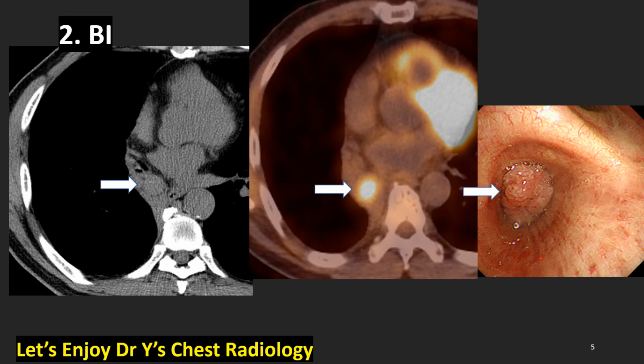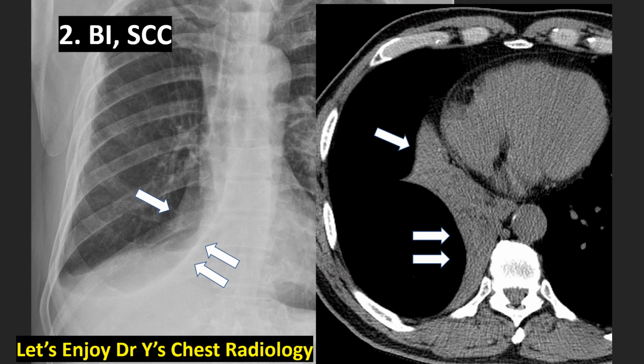Let's compare the non-contrast axial CT, axial PET-CT, and bronchoscopic findings of squamous cell carcinoma in the bronchus intermedius. Complete, near complete collapse of the right middle lobe and right lower lobe. This axial CT image is a little lower than the previous image.